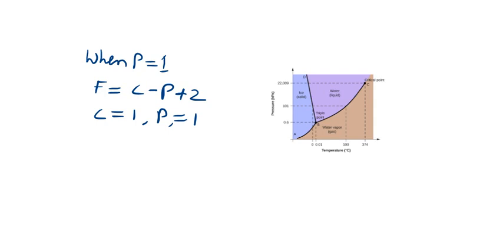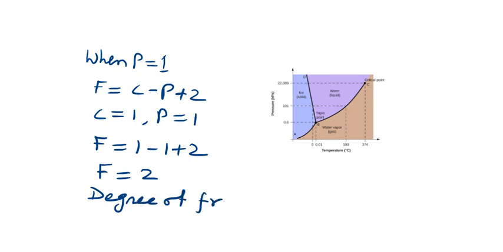In such case, F is equal to 1 minus 1 plus 2. Thus, F is equal to 2. Degree of freedom is 2 in area A, B, C, and when degree of freedom is 2, what does it mean?